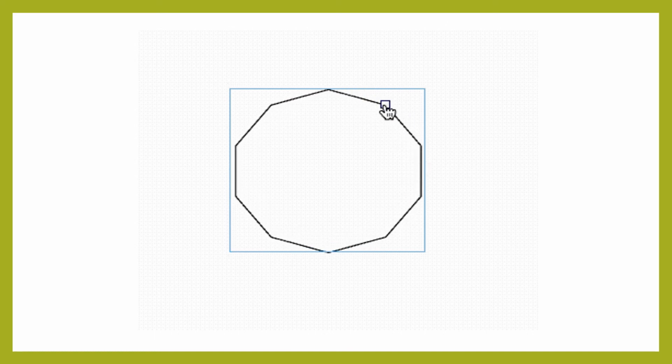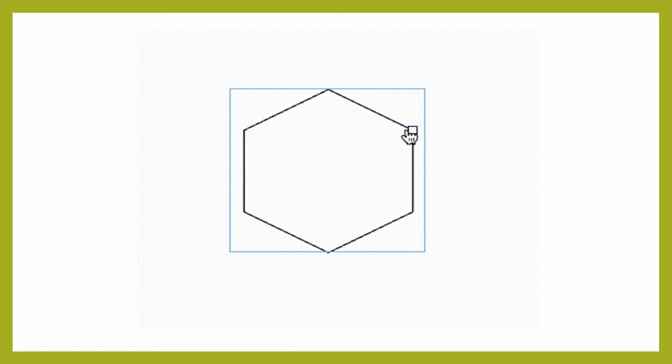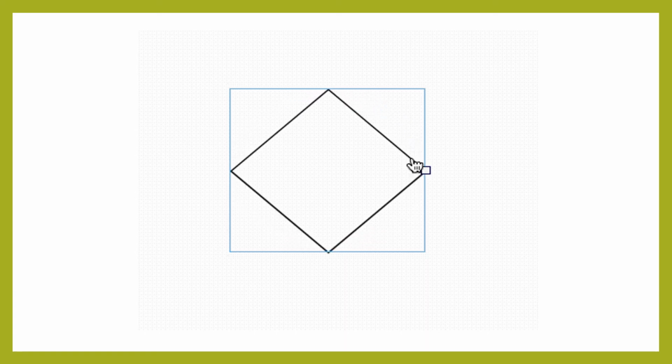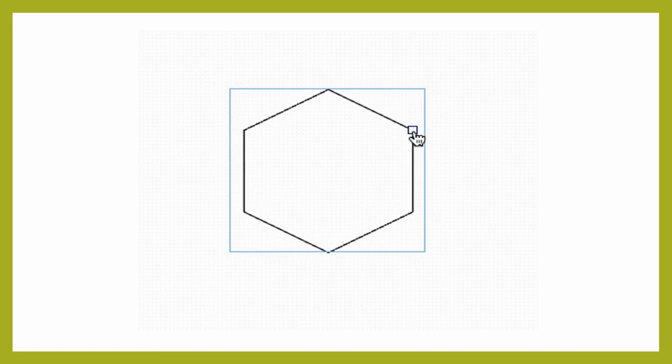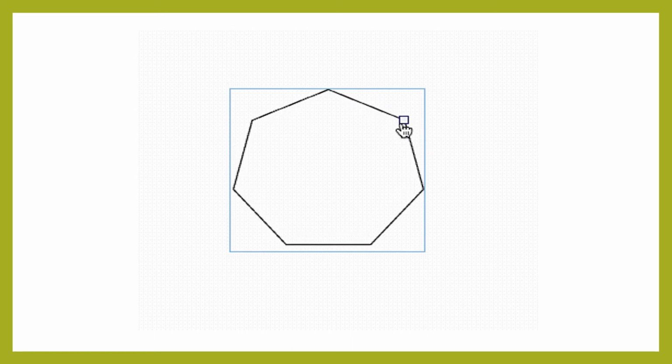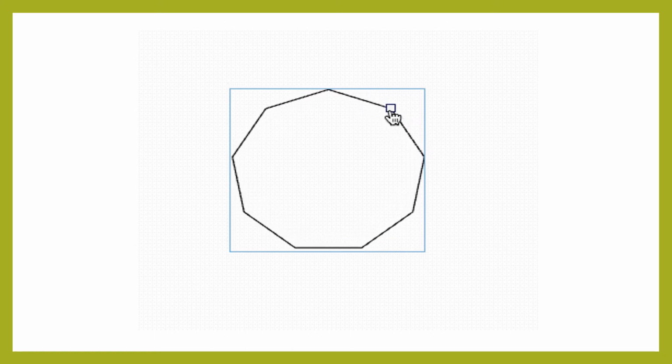And when we increase the number of sides to infinity, the polygon becomes a circle. Instead of pentagon, hexagon or octagon, when we change direction many times, the polygon will become a circle.